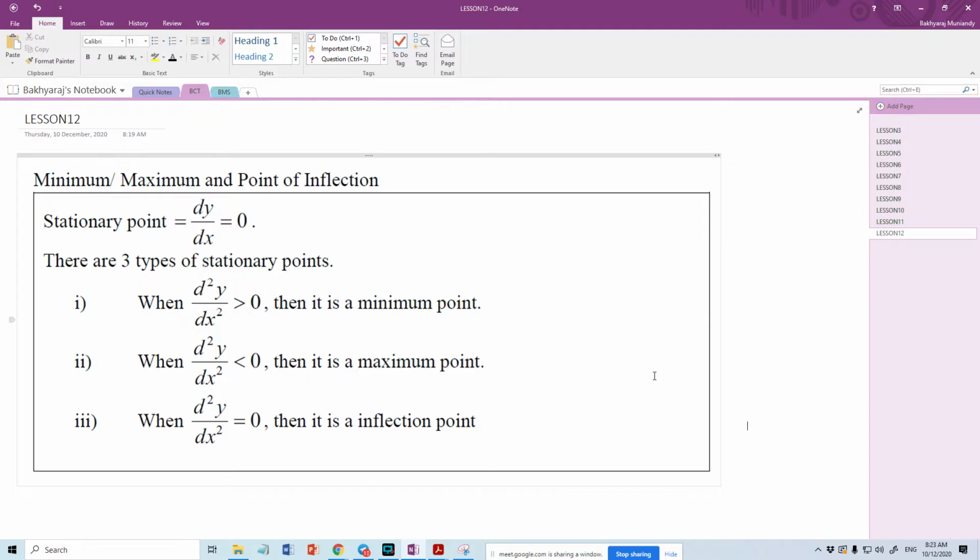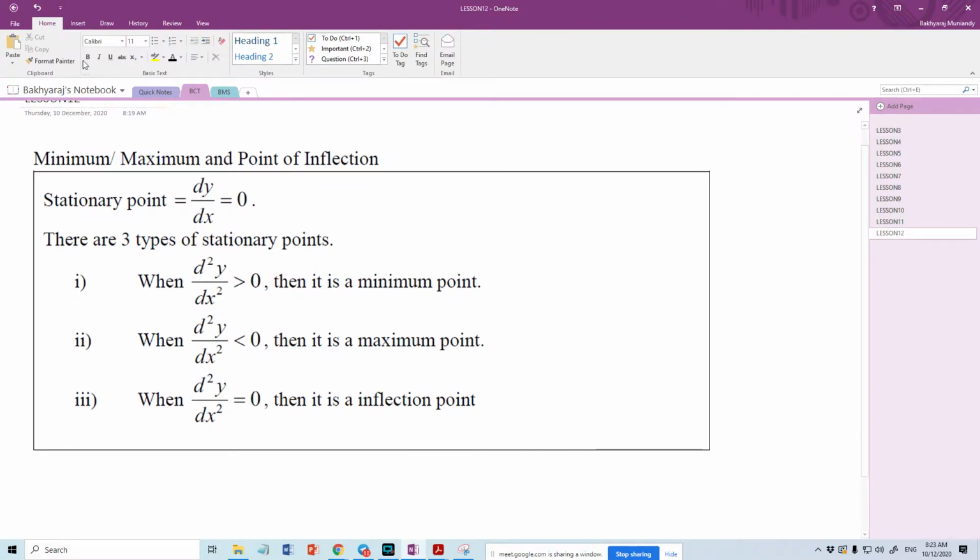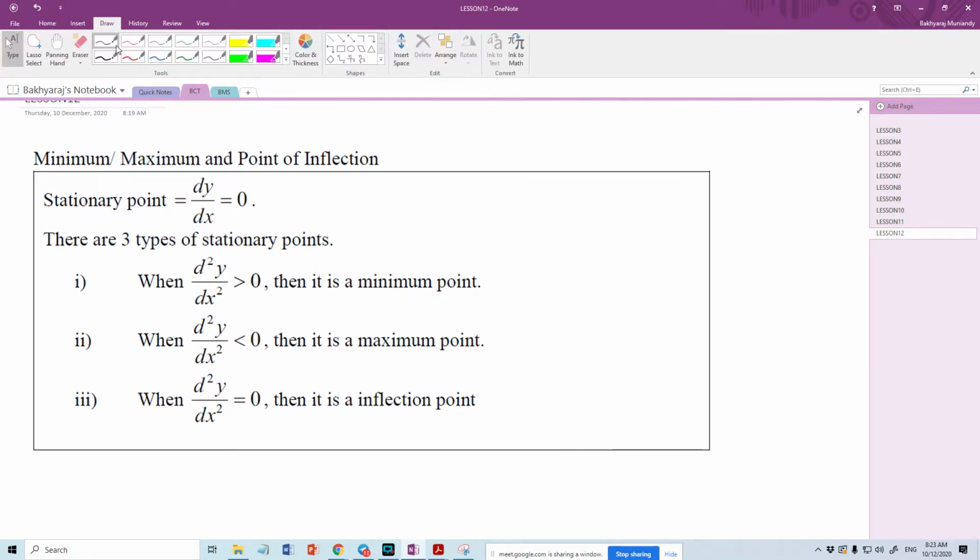So the first thing we need to know is the stationary point. Number one, stationary point. And number two, we need to figure out what is the characteristic of the stationary points.